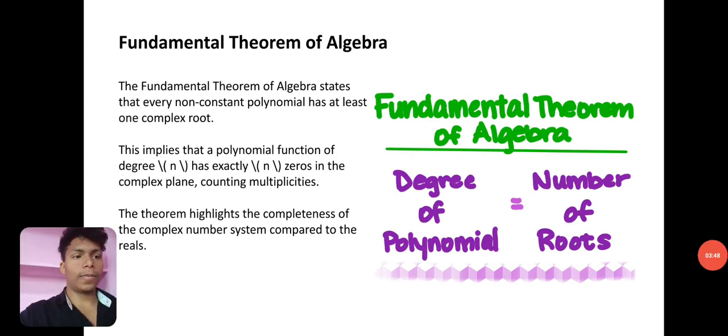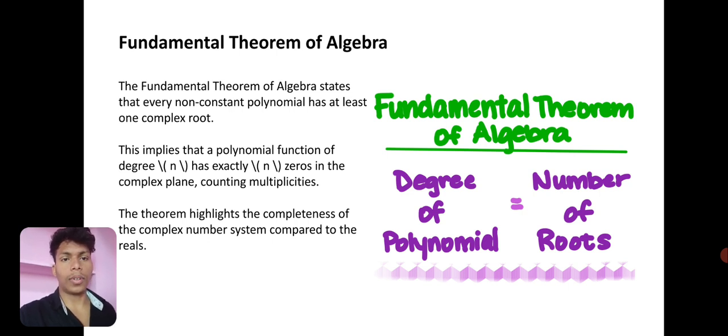A polynomial function of degree n has exactly n zeros in the complex plane, counting multiplicities. The theorem relates to the completeness of the complex number system compared to the reals. The degree of the polynomial is equal to the number of roots.